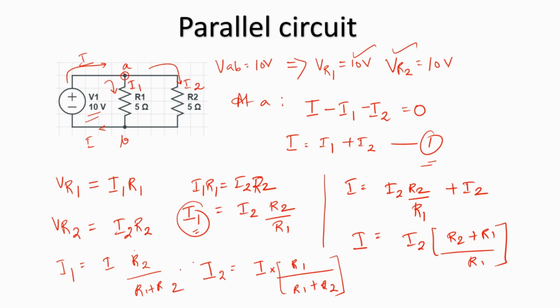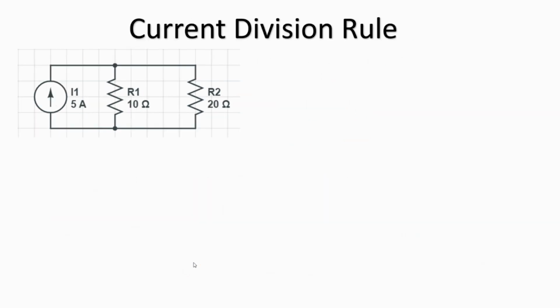So now we have arrived at a very important tool or very important concept called the current division rule. So the current division rule basically says that if I want to find a current in one of the parallel branches, then the general formula that I need to apply is that the current through a particular branch, say X, is actually given by the total current which is entering the node where all those branches are connected into the opposite resistance.